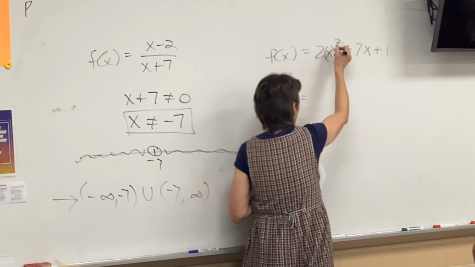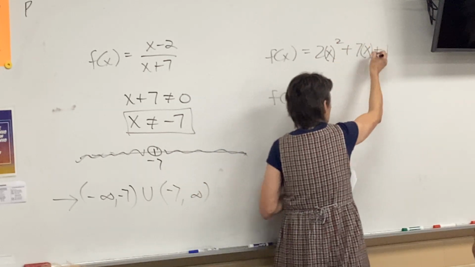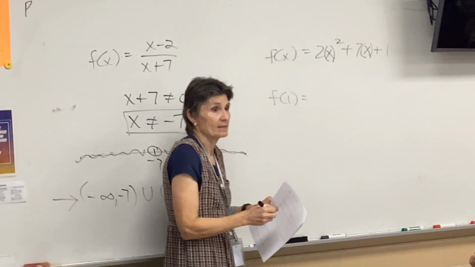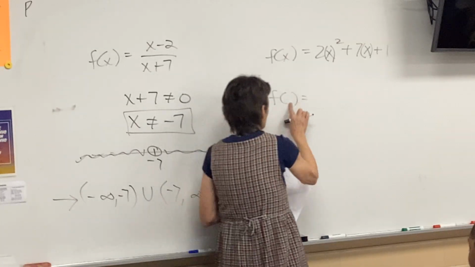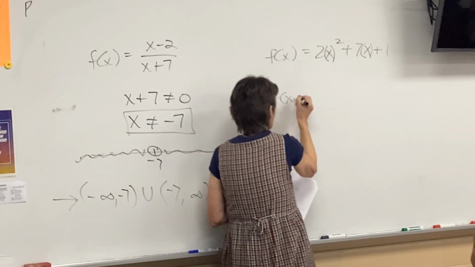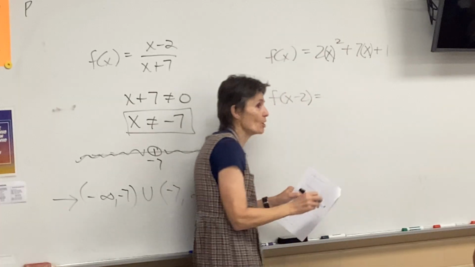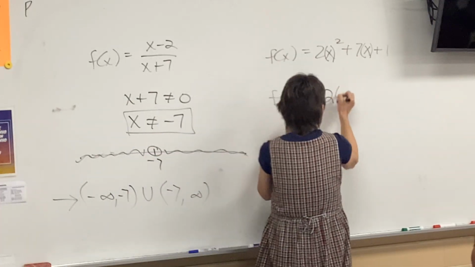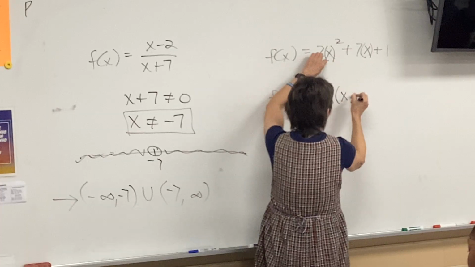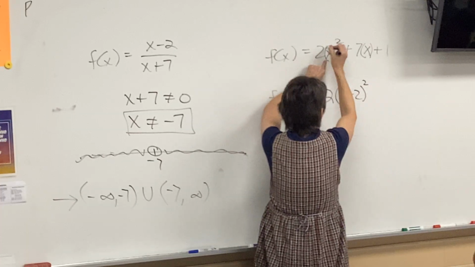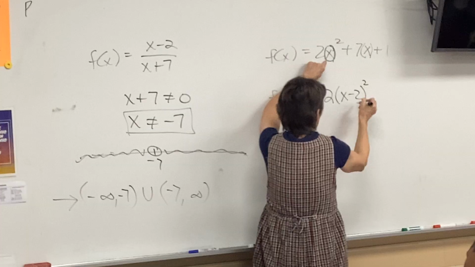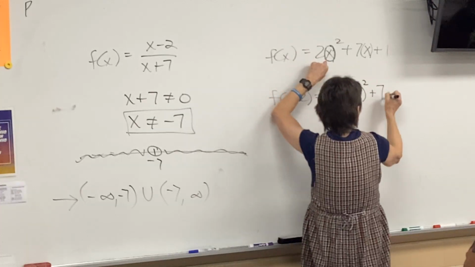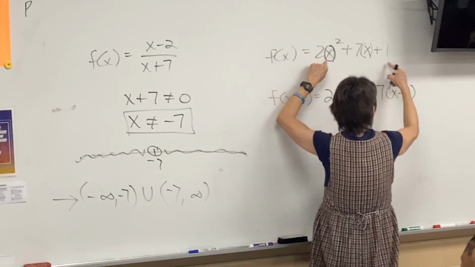Everybody would put a 1 in here and a 1 in here, correct? That's how we do that. So they say find f of x minus 2. Kids, it's no different. It's exactly the same thing. So we're going to put x minus 2 right here. So where it says x, I'm putting x minus 2. Where it says x, I'm putting x minus 2.